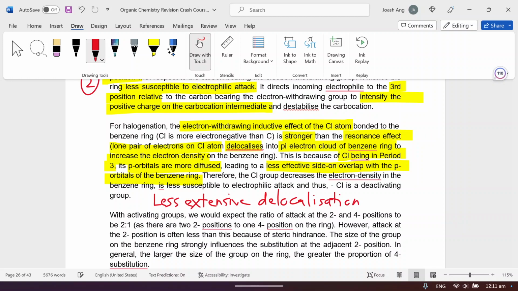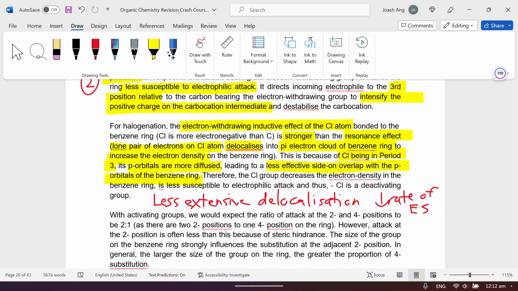And thus chlorine would decrease the electron density on the benzene ring and cause the rate of ES to decrease. So the activating group and the deactivating group is always related to the rate of electrophilic substitution. Okay? And for the same case, I can leave it for you to draw as a practice.